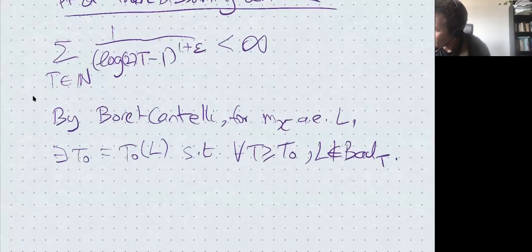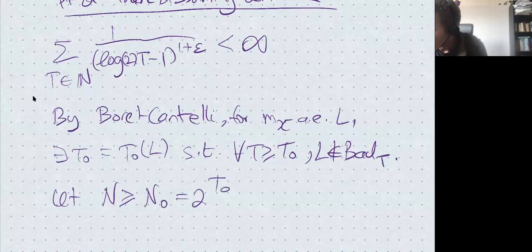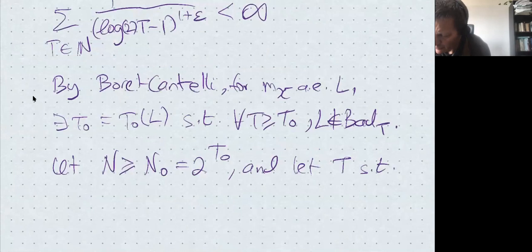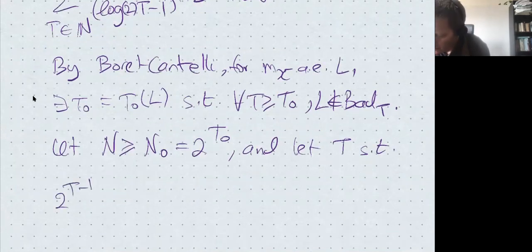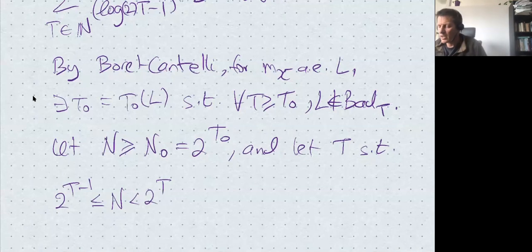So let's take n bigger than n0, where n0 is 2 to the t0. And let's take t so that the scale of n is log base 2 of t. So in other words, we want this. So we're choosing t so that it records the scale of n in terms of logarithmic scale.